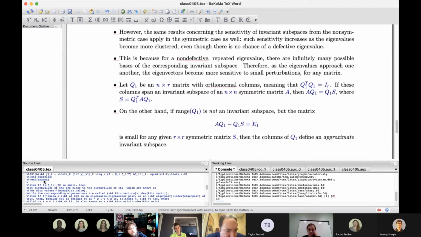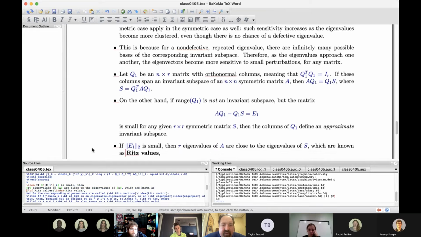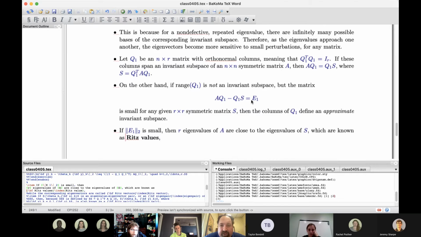So what we can say is that if the norm of E1 is small, so if AQ1 is almost equal to Q1S, then this matrix S is R by R because Q1 has R columns.